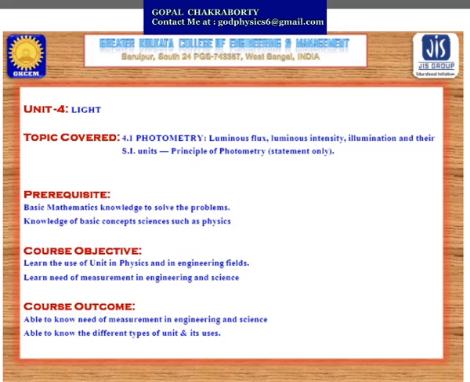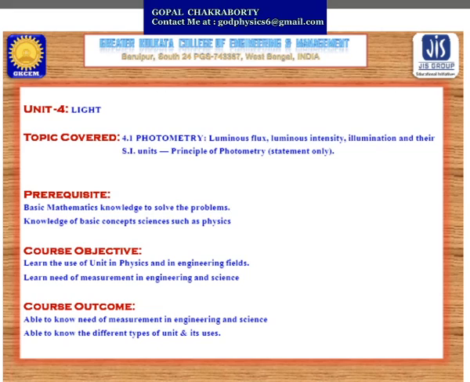So prerequisites for these topics are basic mathematical knowledge to solve numerical problems, and knowledge of basic concepts of science such as physics. Course objectives are to learn the use of photometry, that is luminous flux, luminous intensity, illumination and also their SI units.